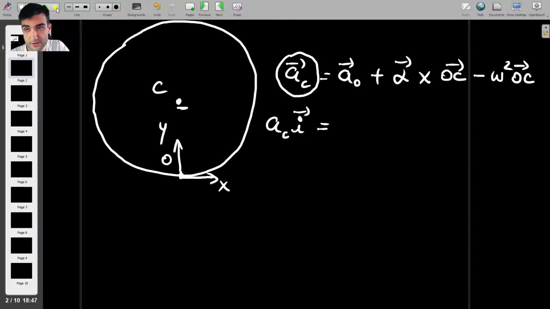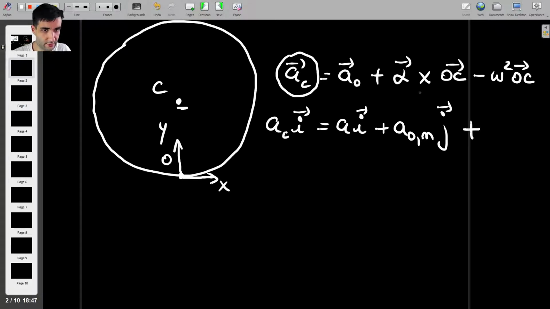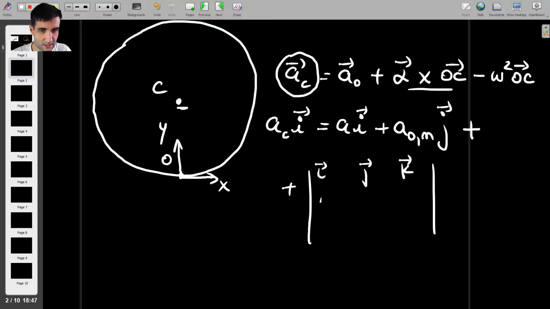Now AO, on the other hand, has two components. One is the acceleration of the truck, which is A i, and the other is the acceleration of O in the normal direction times j. Then we have this term, found by calculating the determinant with i, j, k, then 0, 0, and the angular acceleration alpha, which we don't yet know.